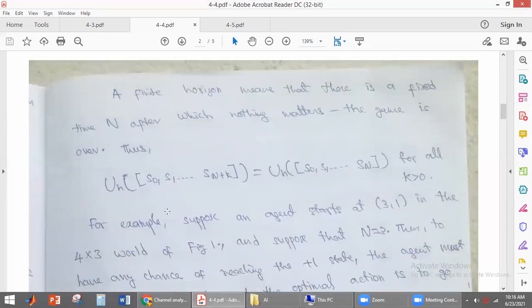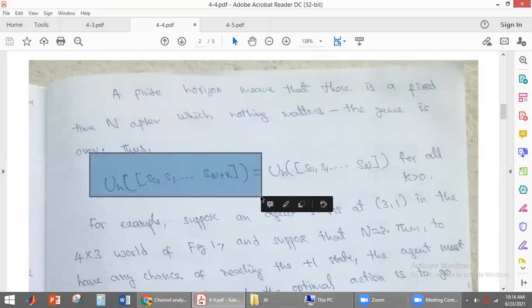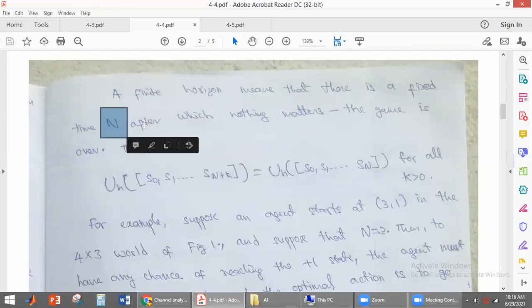For example, n is fixed. If you take any number of steps greater than n, that is not a problem; there will be no change.